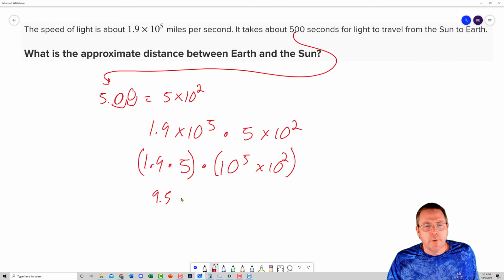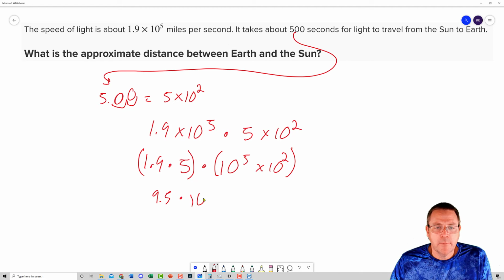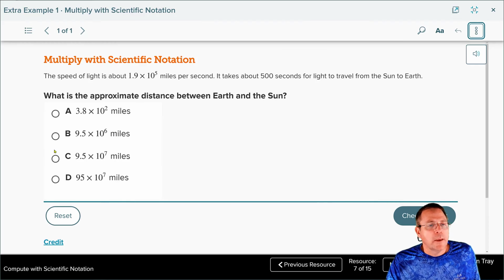Yep, I'm right. 9.5 is what you get when you multiply that times 10 to the 5th plus 2. So your final answer, 9.5 times 10 to the 7th. Come back over to our answer key, and that is going to end up being answer C.